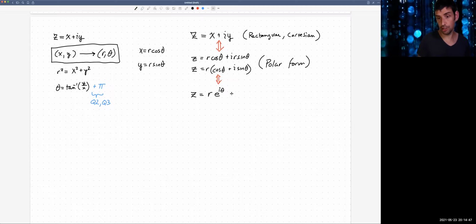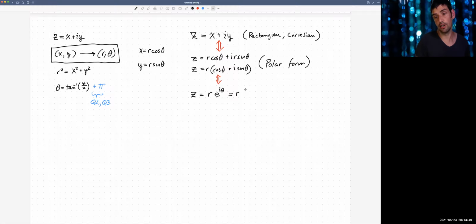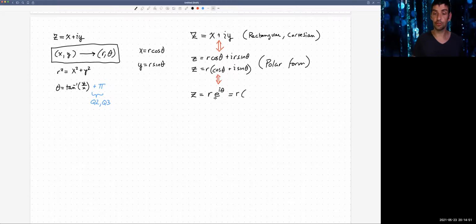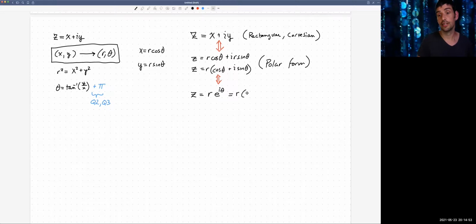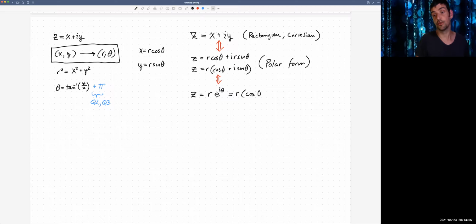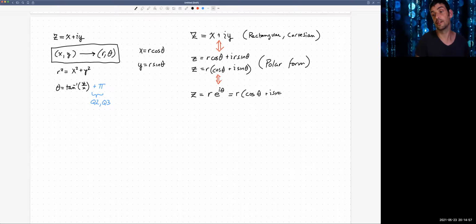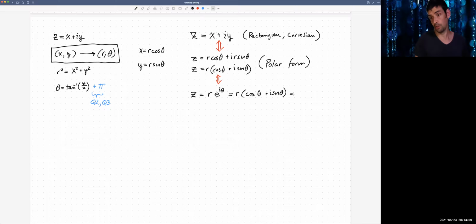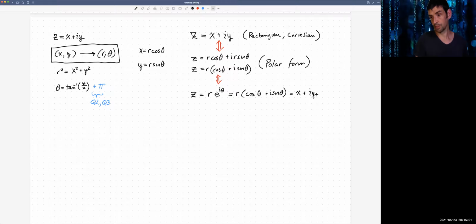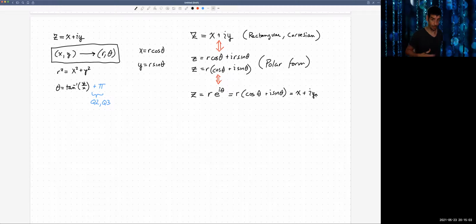It is completely justified to write z is equal to r e to the i theta, which is the same as r times cosine theta plus i sine theta, or if we convert to the rectangular form that way. They are the same thing, okay?